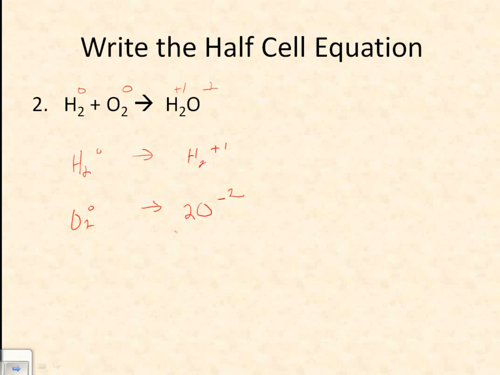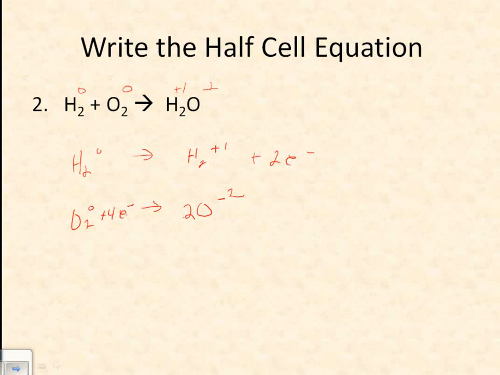Okay, so let's balance the electrons. I've got 2 that are neutral, 2 that are +1, so we need 2 electrons here. And here I have 2 times -2 is -4, so I'm going to have to add 4 electrons here to get that to balance.